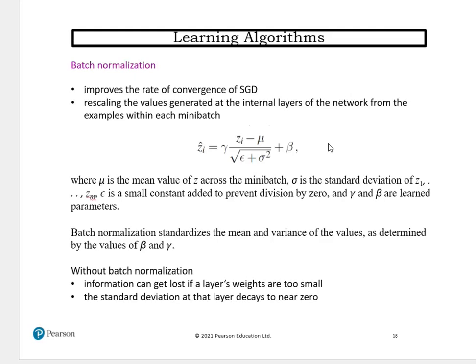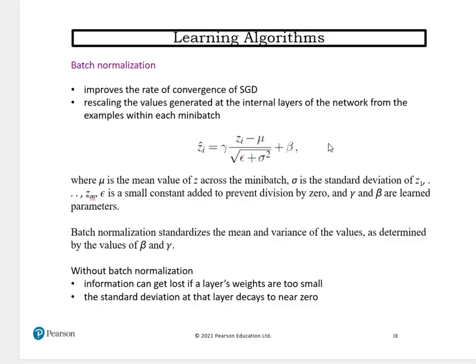Without batch normalization, information can get lost if a layer's weights are too small. If your network is very deep, we said with backpropagation we have this problem of vanishing gradient. The gradient becomes too small and the weights become too small as you get further and further away from the output layer.